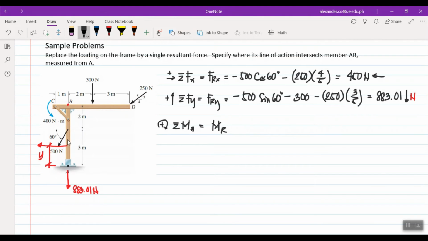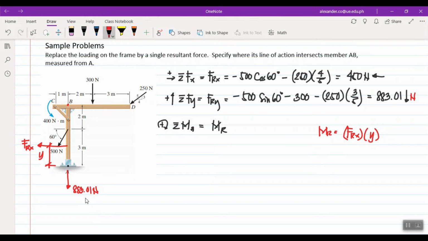So, parang ito, this one here, yung F, ano na yun? R, X, is yung M sub R, resultant moment, as if you're saying it's force resultant X times distance Y. Gets nyo?